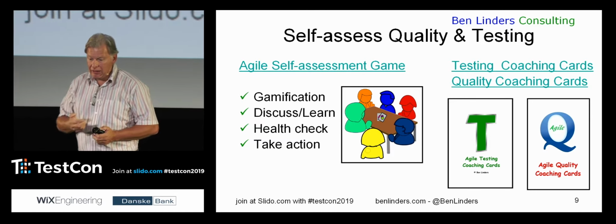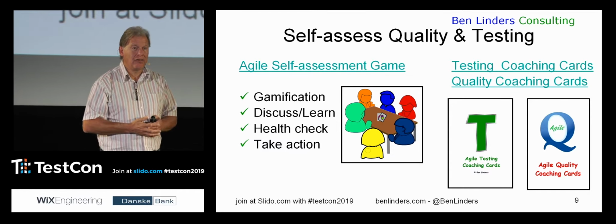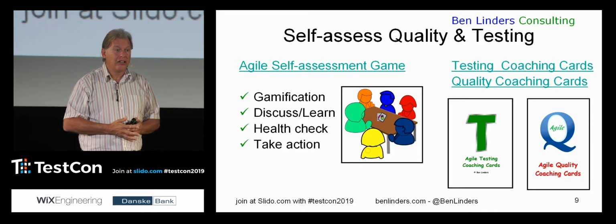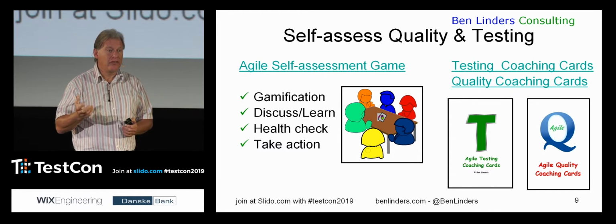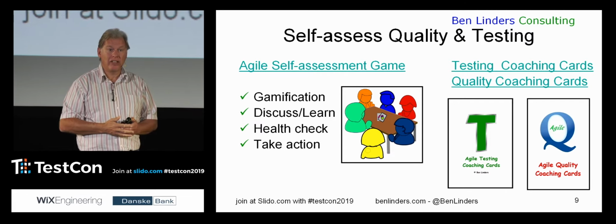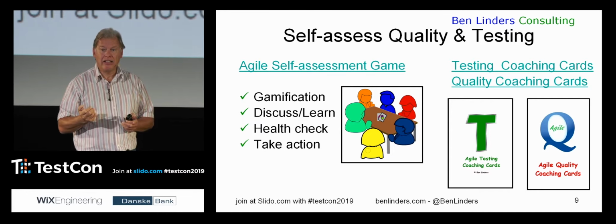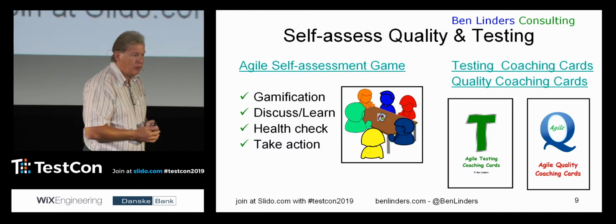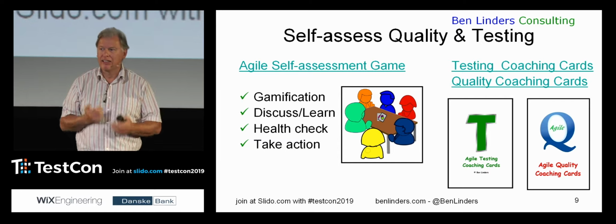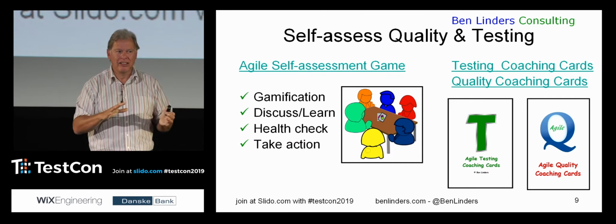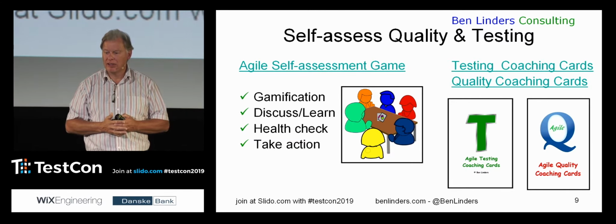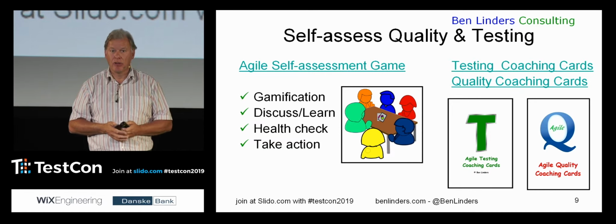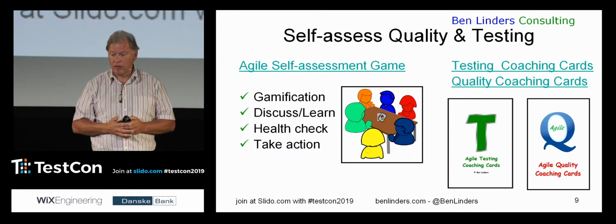So I've been further developing these self-assessments and actually turned it into a game and gamification tool, because techniques from gamification put people at ease and bring them into a more natural situation, which makes it easier for them to reflect on how they are doing. They're not feeling it as an assessment anymore. They're playing a game, and this game is helping them learn how they are doing, have really good discussions among themselves and decide on what to improve.